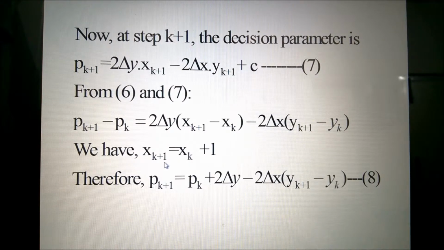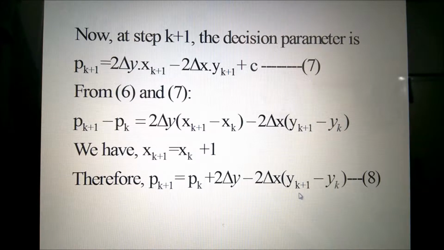Then, as I already told, we are sampling the x coordinate at a unit step, that is we are incrementing by 1, because the ending coordinate is higher than the starting coordinate, and therefore we get this equation for pk plus 1.